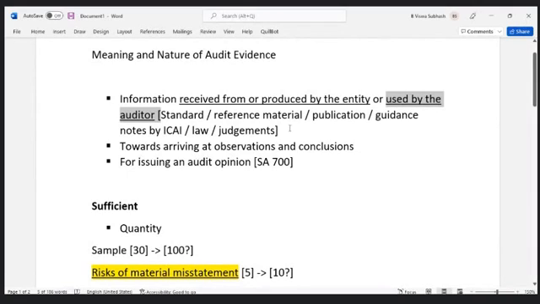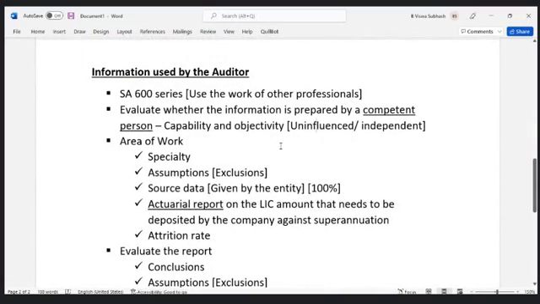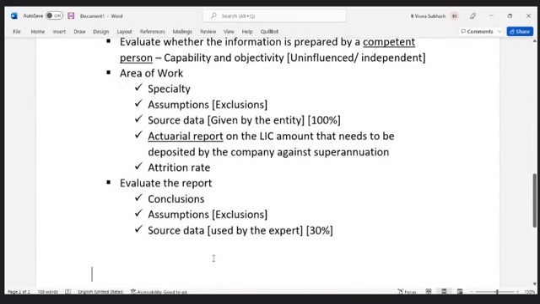If it is a standard or a reference material, publication, guidance, anything, then it is all straightforward. You can just rely on that. But if it is a report, then you need to analyze whether that report is applicable for you or not. What are the checks you do for that? The competency, the work area, and then the final conclusions of the report. That is what you look into.